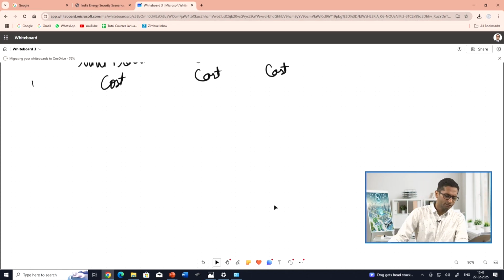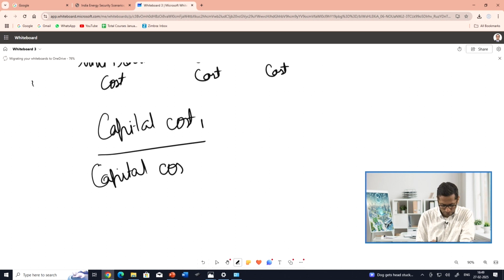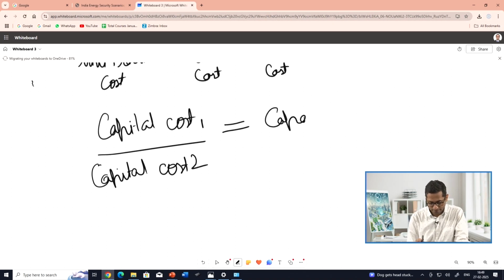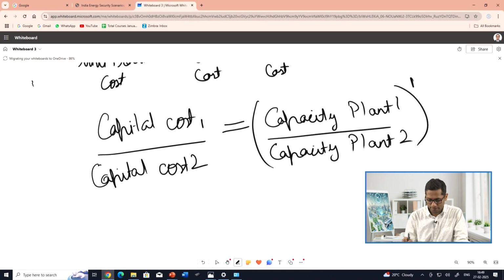So in that case, we can use a simple correlation: the capital cost for maybe plant 1 divided by the capital cost of plant 2, for which the cost might be available, can be given with the help of a correlation in the form of the capacity of plant 1 divided by the capacity of plant 2, and the whole thing is raised to the power n, where n is basically the capacity factor.